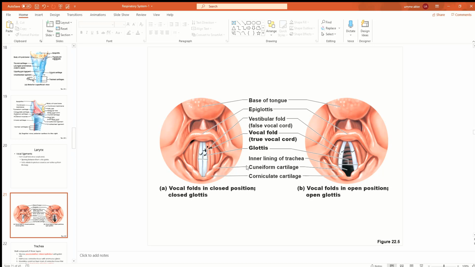So this is the closed, opening is closed between the vocal cords or folds, and this is the open stage. Now when you talk, it changes in high frequency, gets smaller, bigger, or closer. Okay, and this opening is called glottis. So glottis, remember, is the opening.